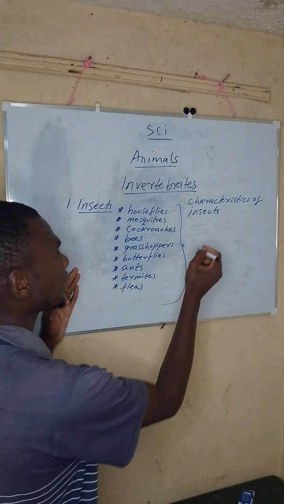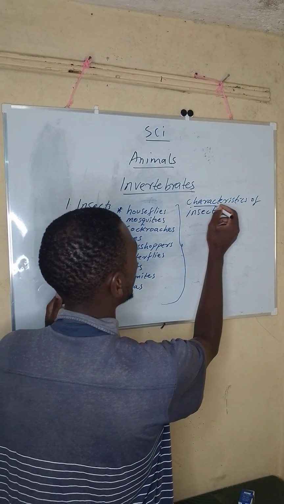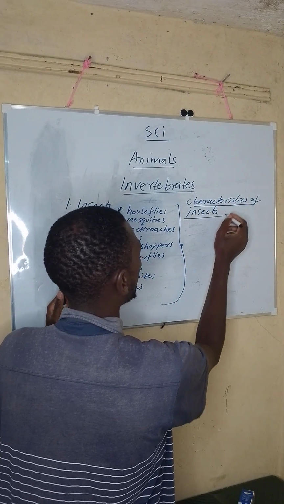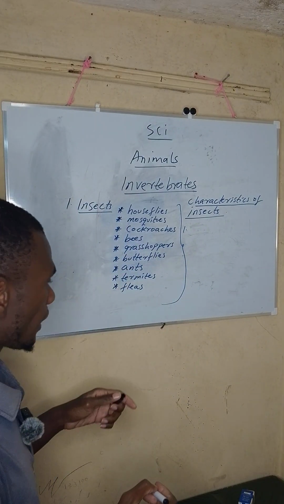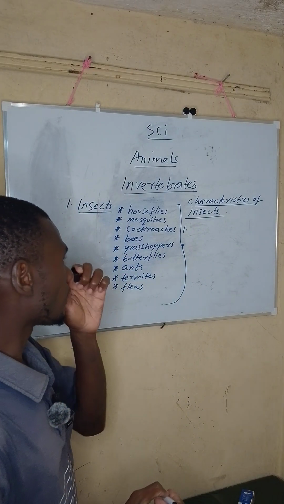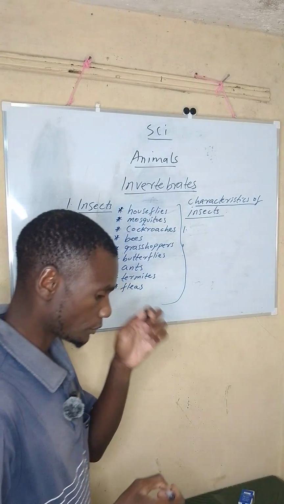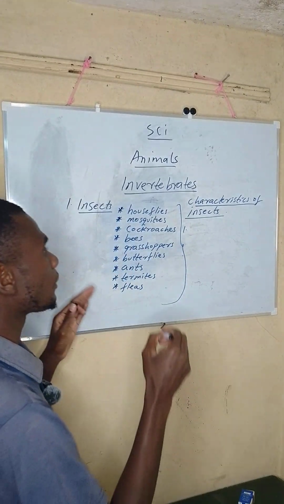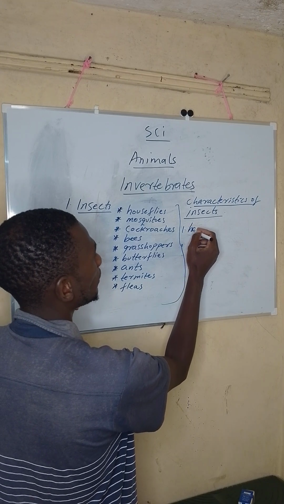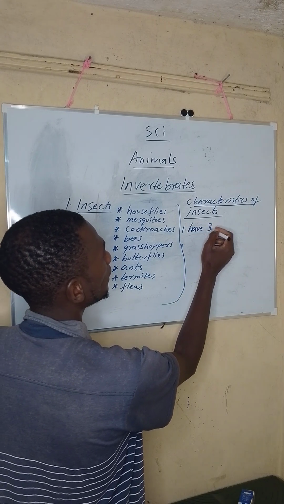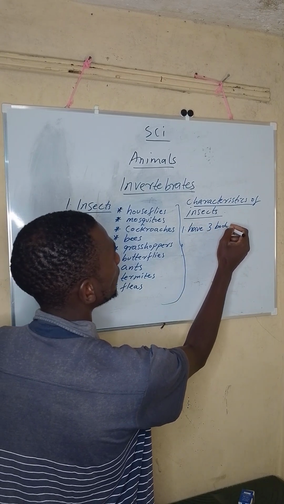So what are their characteristics? So characteristic number one, the first characteristic is that these animals have 3 body parts.